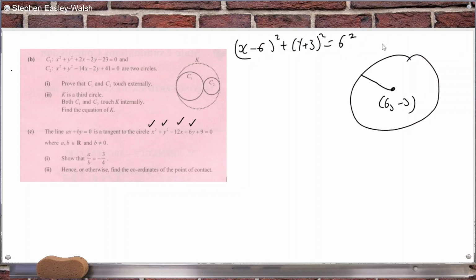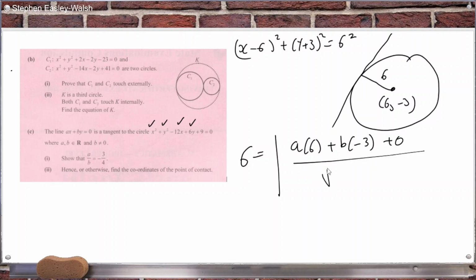So the perpendicular distance to the line has to be 6. Okay, so 6 should equal the absolute value of a·6 + b·(−3) + 0, over the square root of a² + b². No, I don't really like it.